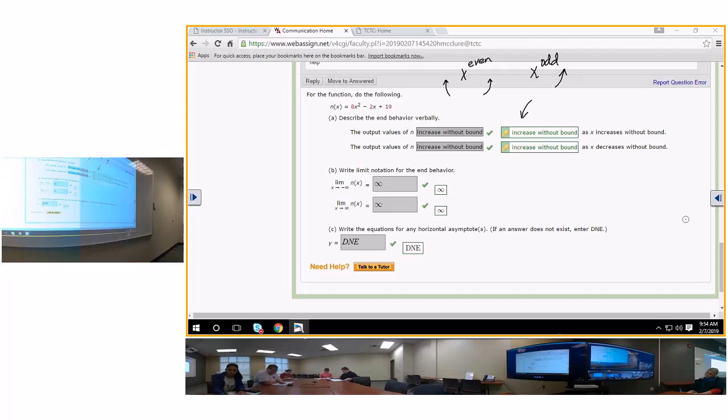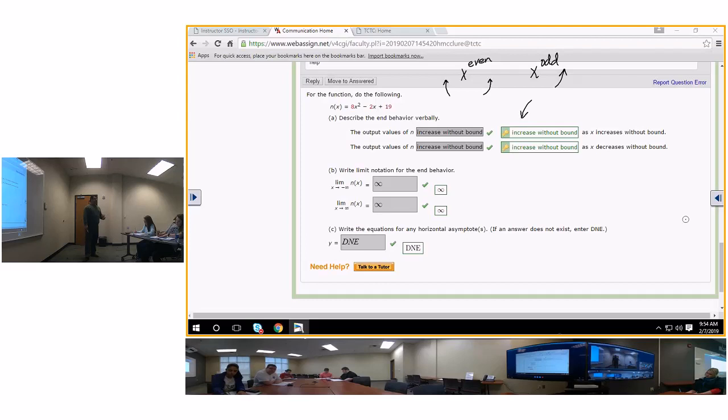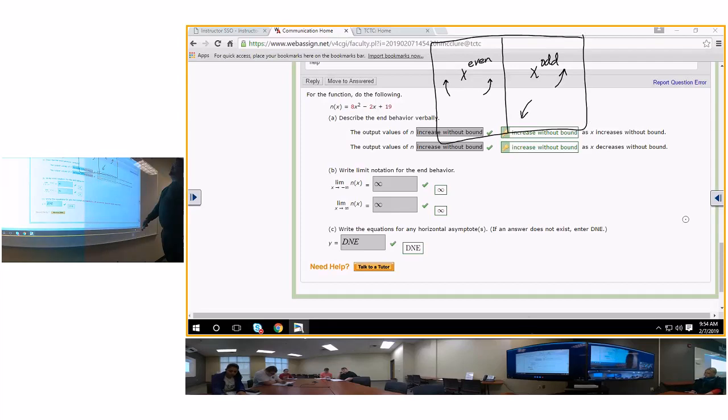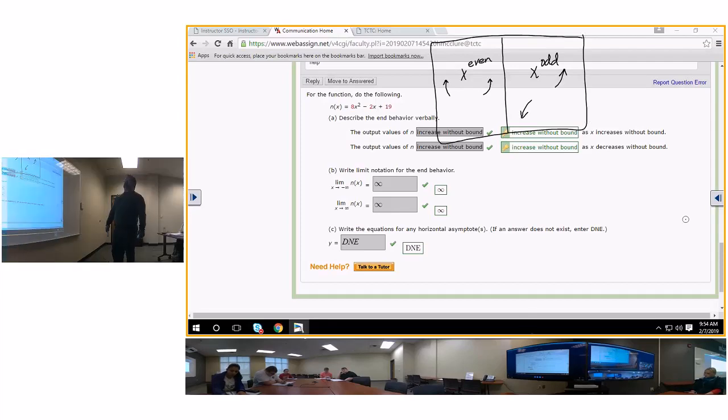So, ending behavior, and that's what the family of graphs really does. You should be familiar enough with the family of graphs that you know what a function is going to do before you even graph it. So, those are the two most popular end behaviors. What's going to happen with this function? Well, it's going to look like a parabola.